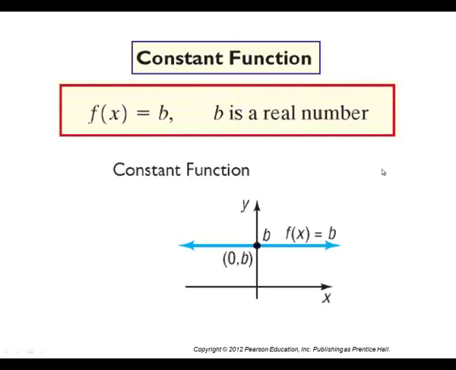So y would be 5, 5, 5, and x can be any value. So if you had 0, 5, 1, 5, 2, 5, you would have a horizontal line. So anytime you have f of x equal to some number, it's going to be a horizontal line that goes through the y-axis at whatever that number is, whether it's 5 or b or whatever.